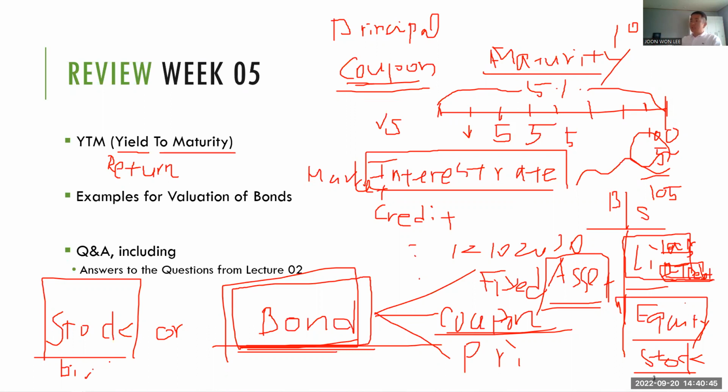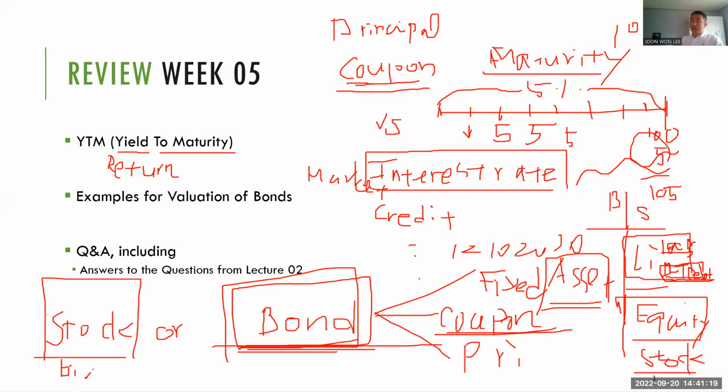Stock does not have a fixed life: as long as the company exists, the life of the stock does not end. There is no maturity of the stock, as long as the company is a going concern.